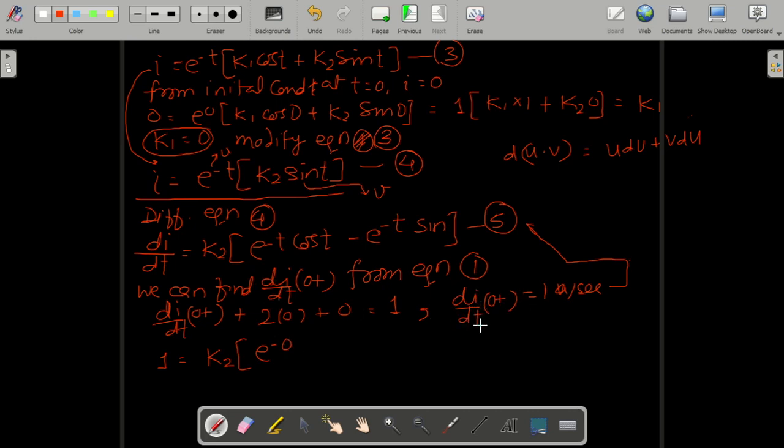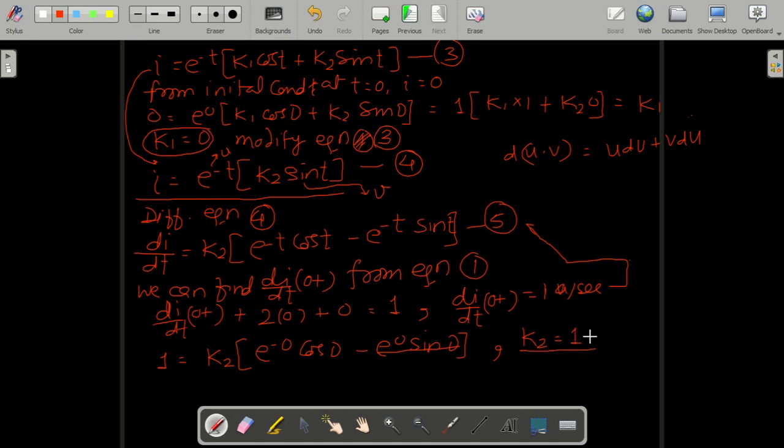So at t equal to 0, di by dt 0 plus is 1, e raised to 0 cos of 0 minus e raised to 0 sin of 0. Sin 0 is 0, so this term will be 0. Cos 0 is 1, e raised to 0 is 1. So K2 equal to क्या आएगा? K2 equal to, I am getting 1.